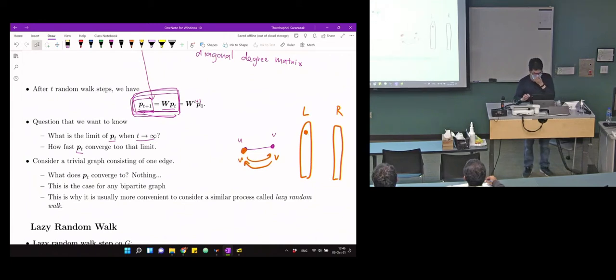So this is the reason why we want to look at a similar process, which is not exactly random walk, but is called lazy random walk.